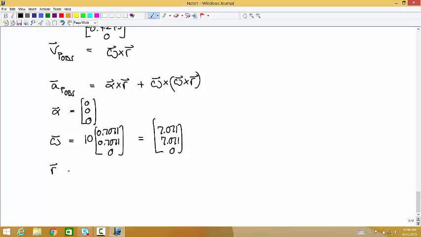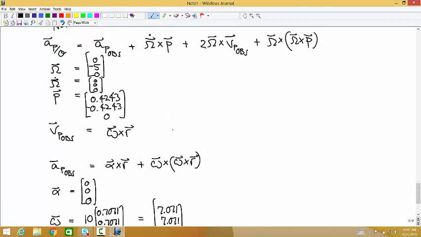And the r vector is the same as it was before, because the r vector always just goes from the center of the circular motion to the point that you care about. So that's the same as our position vector this time: 0.4243, negative 0.4243, 0. And so now we can plug these in here.